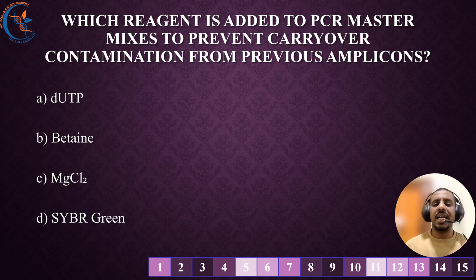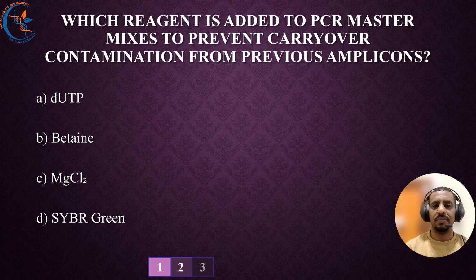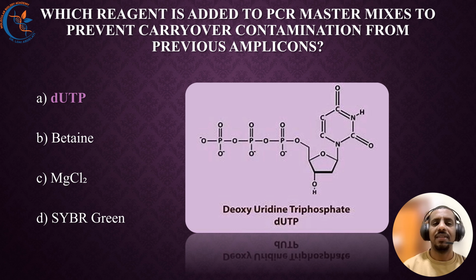Next question. Which reagent is added to PCR master mixes to prevent carryover contamination from previous amplicons? The correct answer is dUTP.